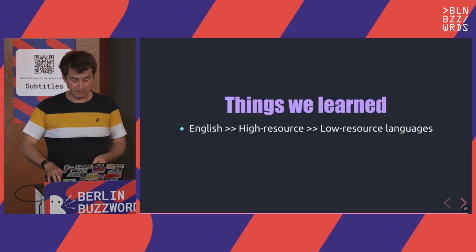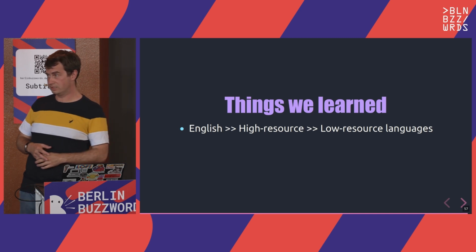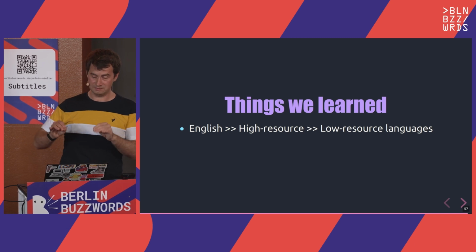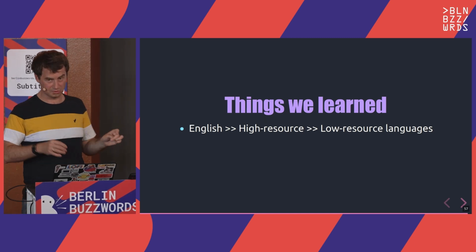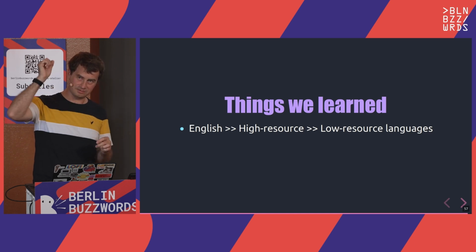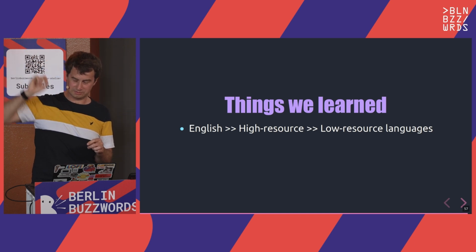And that's it. The main thing we learned in this whole story is that if you're building a system to work with the English language, you're the happiest person in the world, because if you go for lower-resource languages, it's like going back in time 3 years, knowing that there will be much smarter models in the future, but you cannot use them.